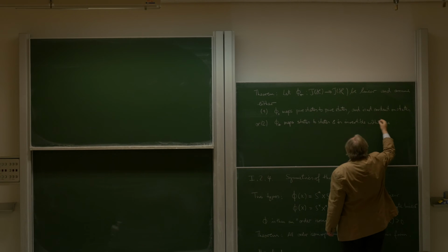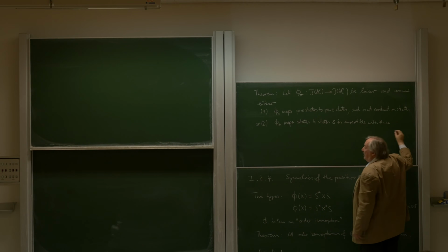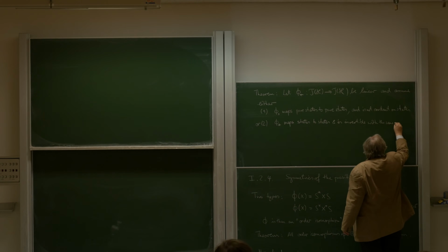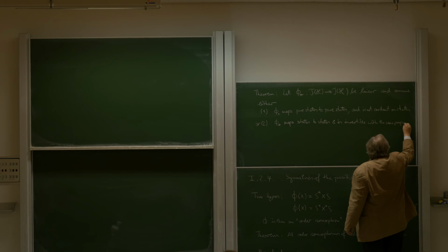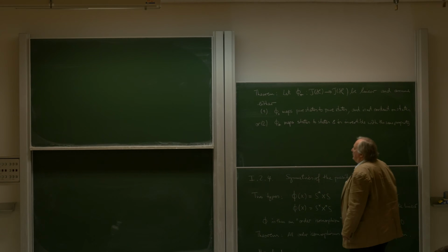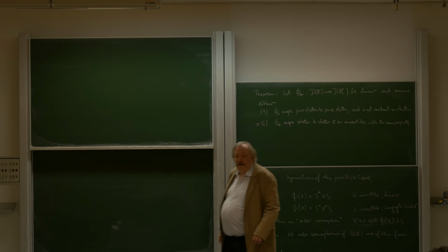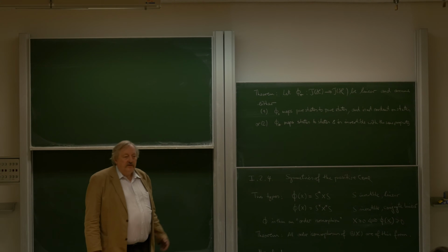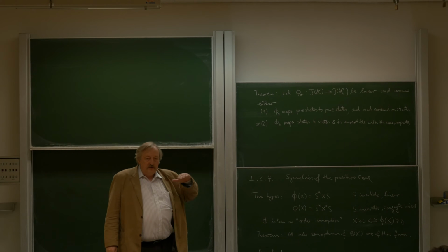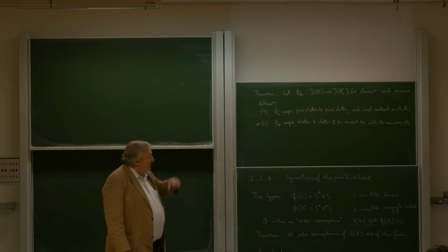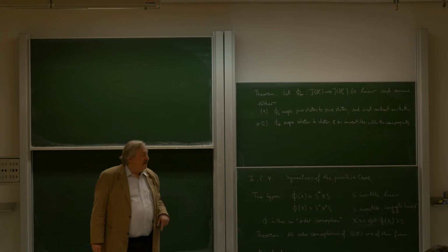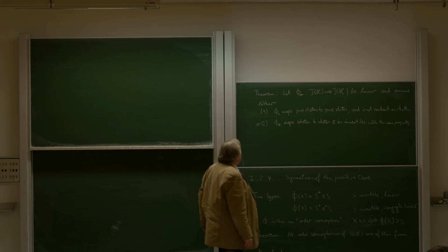Or its inverse has the same property. So the inverse exists and it has the same property. So this is basically saying that we have an order isomorphism. And if we think of the positive cone on the trace class to be given by just the multiples of the states, then it's clear how this translates.